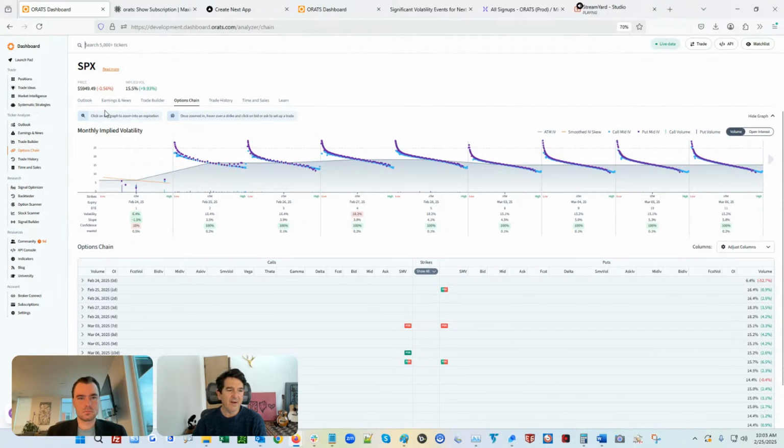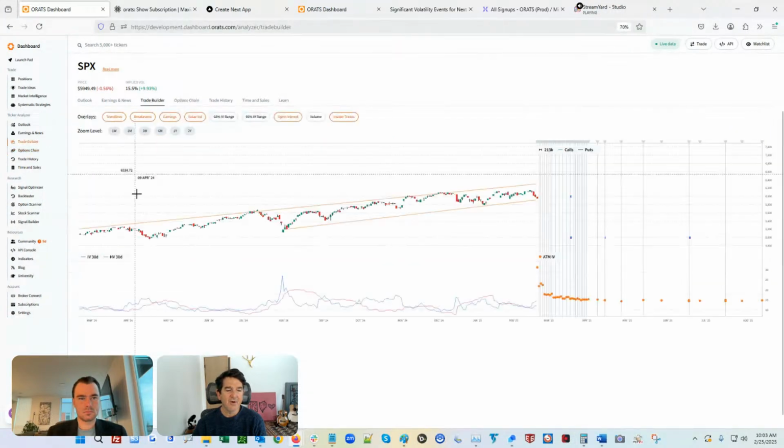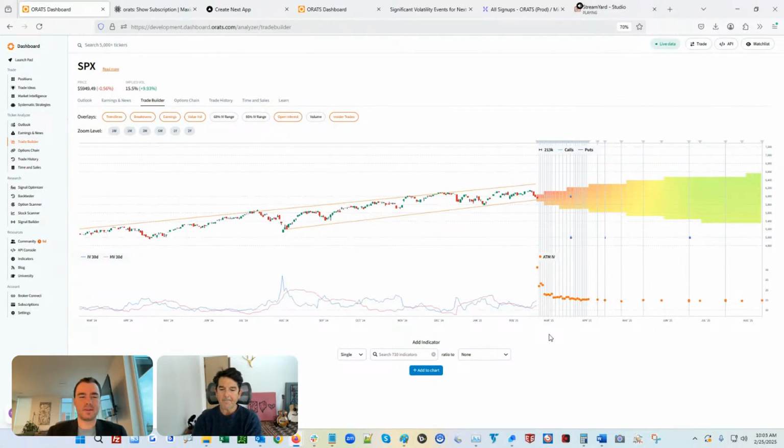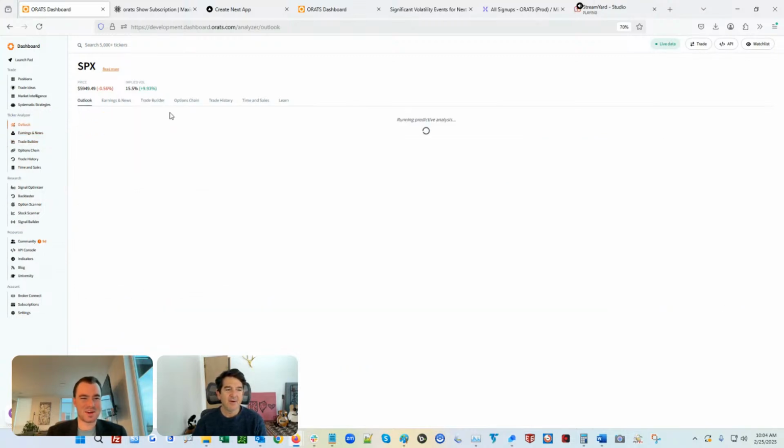So that's one way to look at it. You could also go to our trade builder and see these bumps right here, Tyler. You could tell that it's a little bit choppy. We also have in the Outlook an IV term structure graph that shows it a little bit clearer. Okay, yeah, that's another place. Lots of ways to look at the term structure of volatility at ORATS.